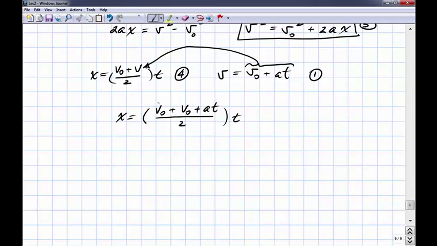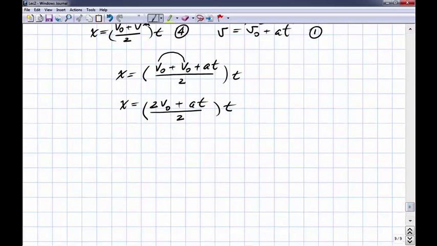We'll notice that we have v0 plus v0, that's 2v0. Next, we will remove this 2 and bring it to the outside, and it'll be represented by a 1/2.